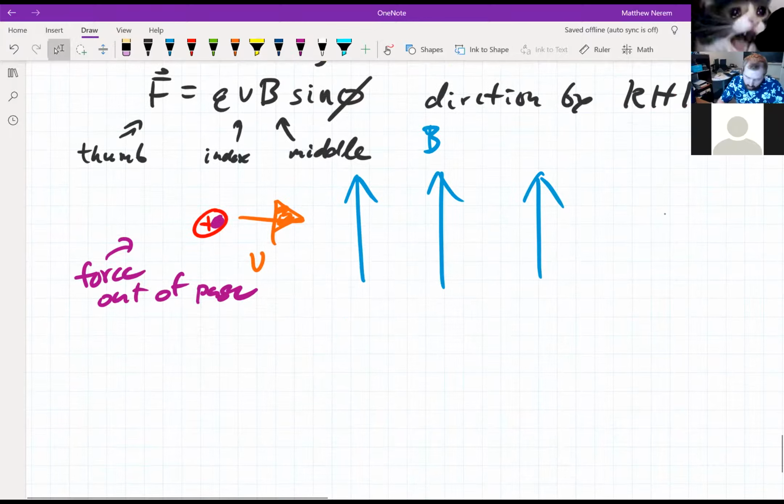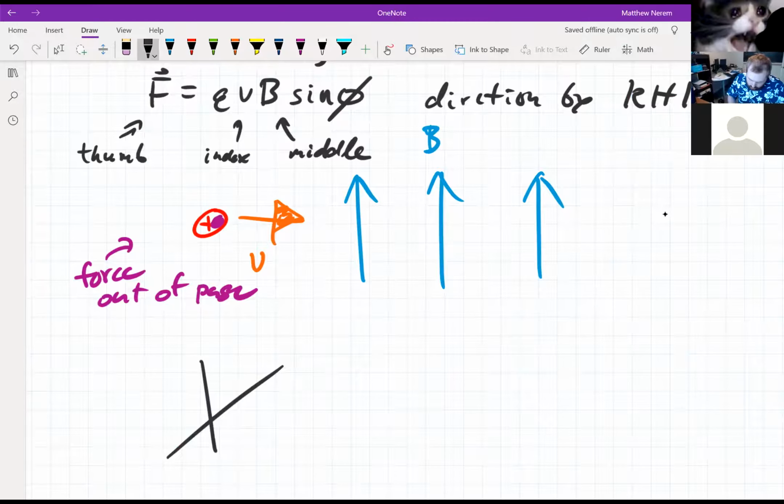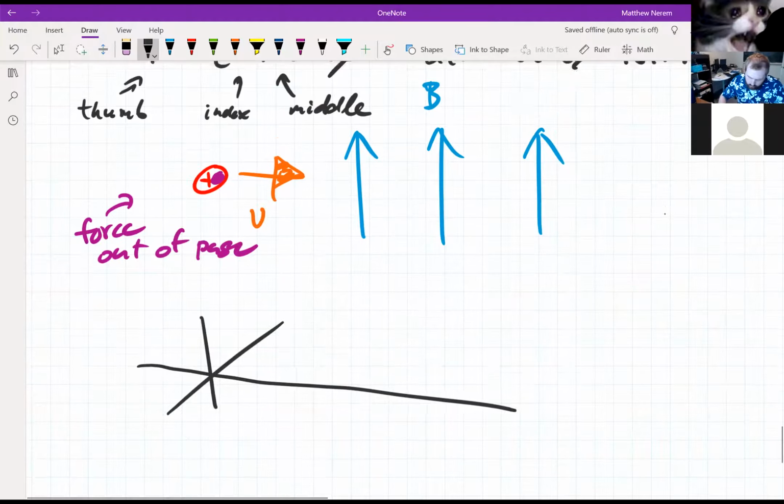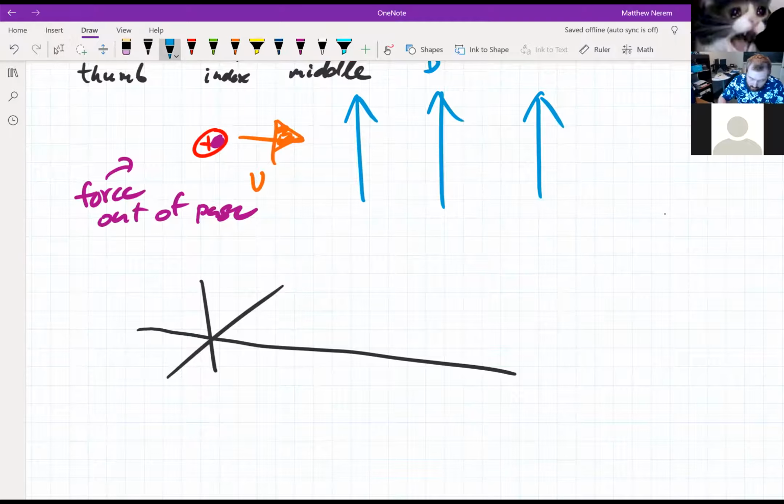I find it often helps to do a 3D depiction of this. So this is going to be the exact same picture, guys.